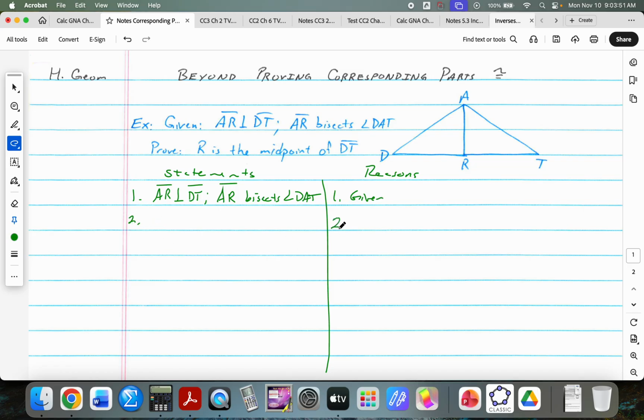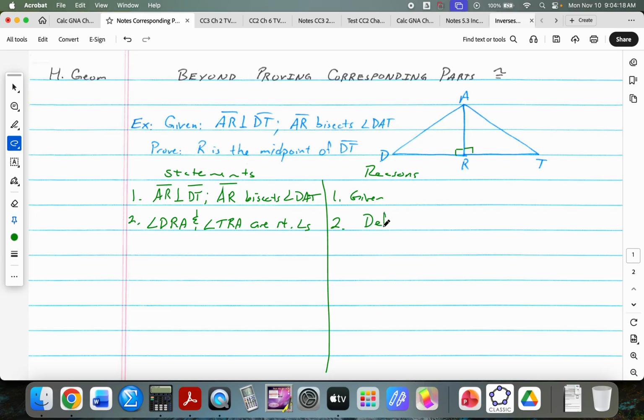As on the homework, we've got perpendicular lines, so we're going to have right angles. AR and DT intersect at R, so angle DRA and angle TRA are right angles.